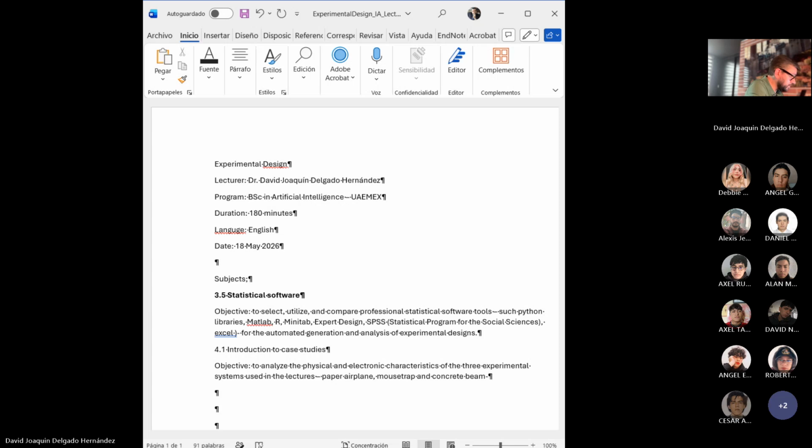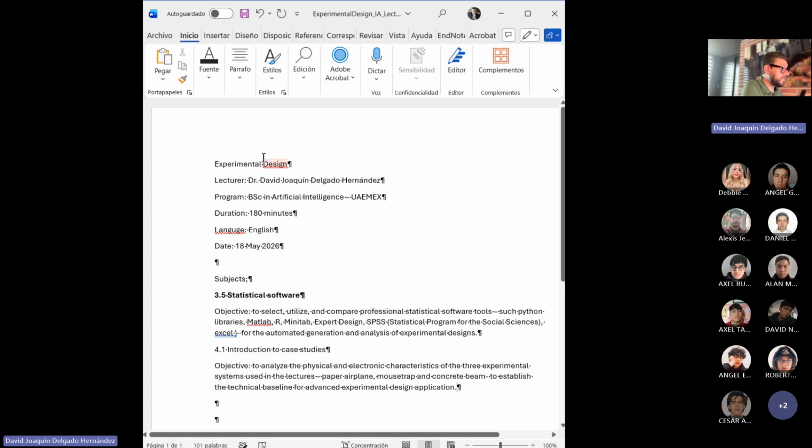To establish the technical baseline for advanced experimental design application.